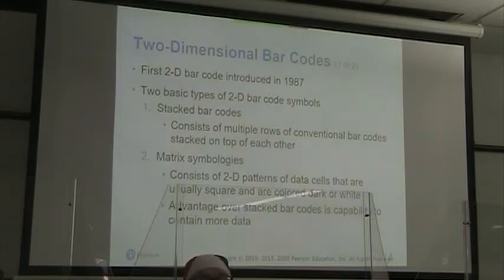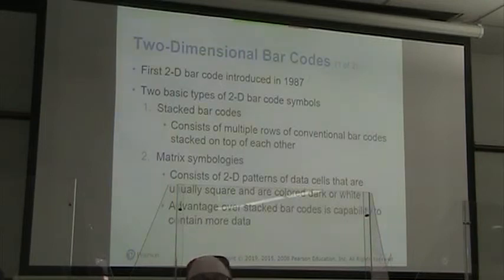First of all, there's stacked barcodes, where it's just the ordinary line and space barcode, but shortened, and then a bunch of them are put on top of each other. Then we have matrix symbologies. So those are 2D patterns of data cells.